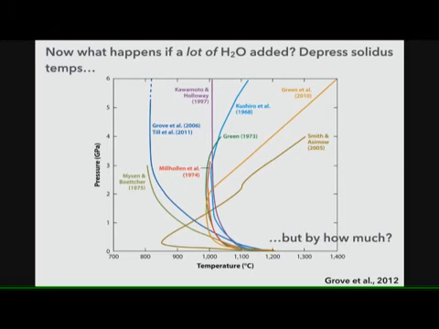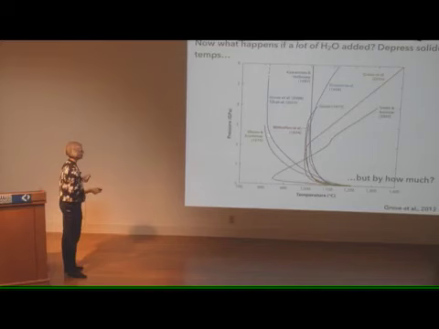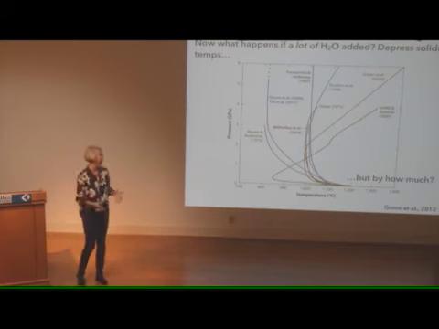So this is a compilation of all the water-saturated solidi for mantle peridotite in subduction zones. And you can see there's quite a bit of variation. Early studies, Mysen and Boettcher in 1975 and Millhollen et al. in 1974, set up the controversy that has continued.